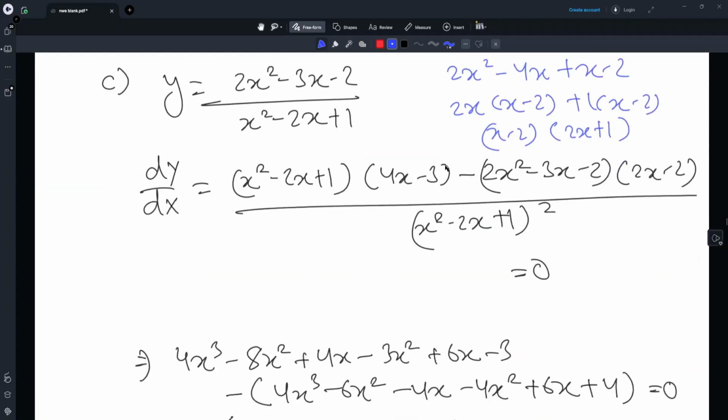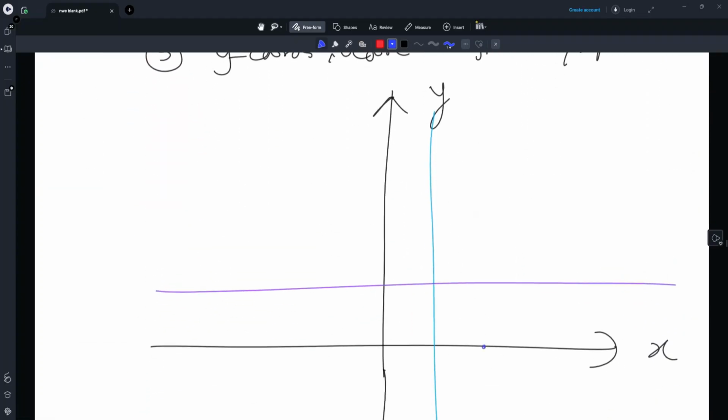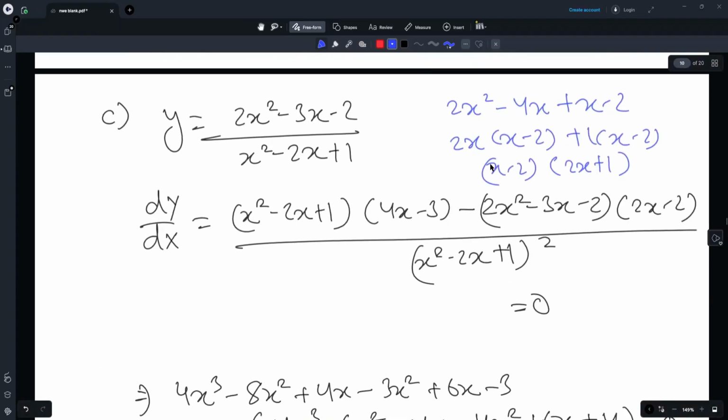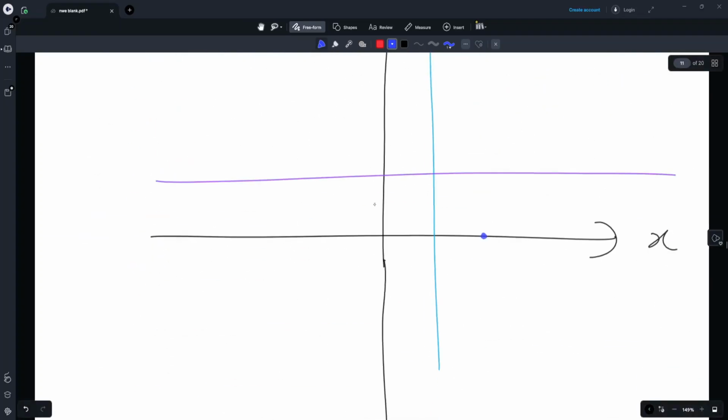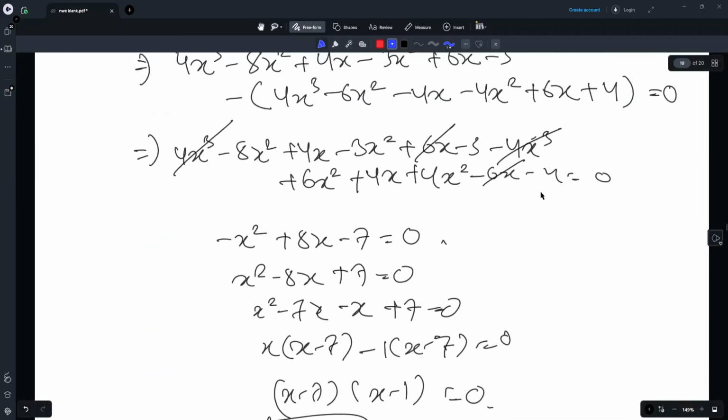So it means that x equals to 2 and x equals to minus half. These two are my x-axis intersections.